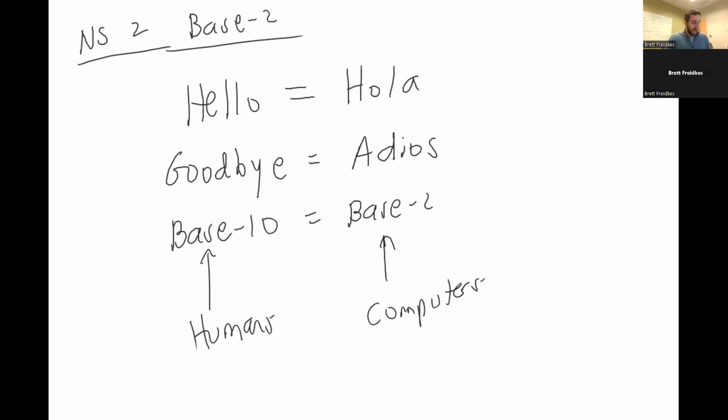Similarly, if we were given a number in binary that a computer perfectly understands, do we understand it? Not necessarily. We have to convert it back to something that we're more familiar with. So even though we are representing a number in 2 different ways, they are equivalent, just like goodbye and adios are equivalent.